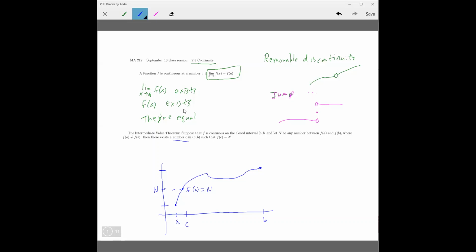We'll come back to all these ideas later. That's just an introduction to what we're studying today, so let's get into the homework.